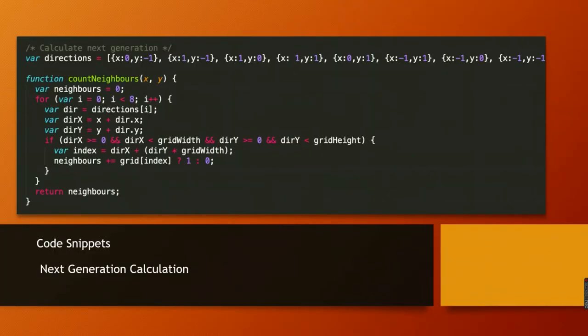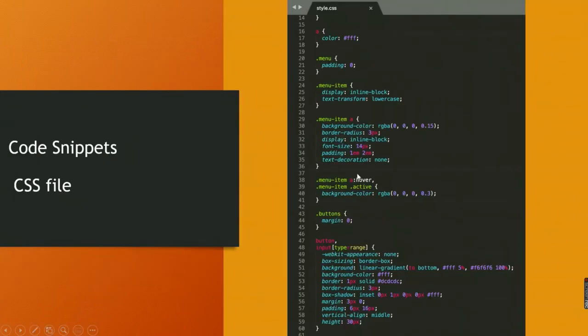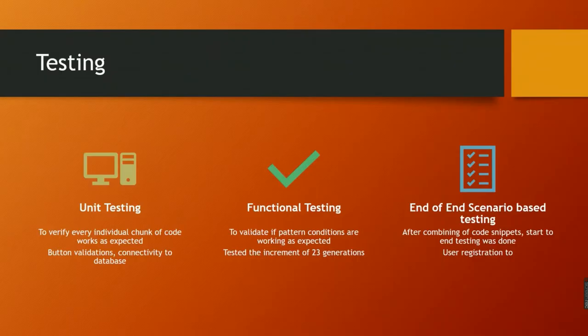So yeah, this is a code snippet that calculates the next direction, and it's pretty clear actually. So yeah, this is the CSS file which clearly shows all the styles that we've used, the background colors, the border radius, the kind of fonts that we've used, the size, the padding, alignment, everything as such.